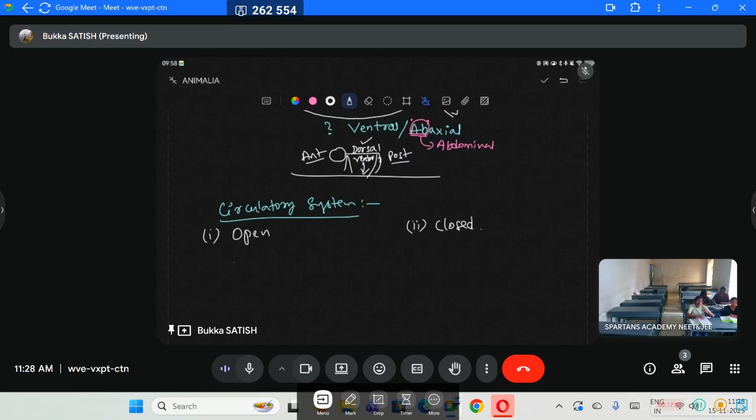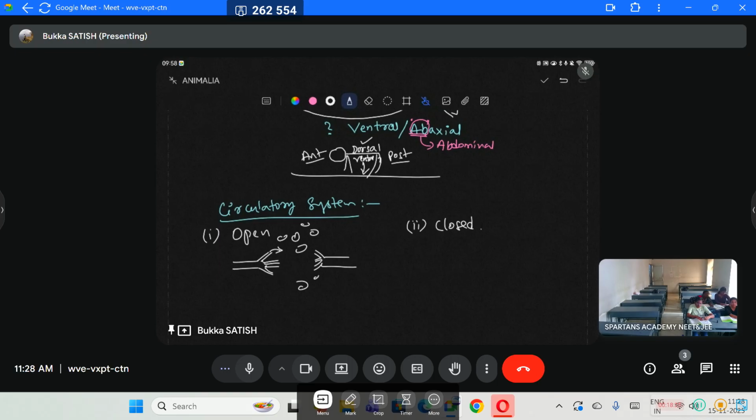Excellent. So here what happens is there will be blind vessels in the tissues. This is the tissue where these are all the cells. Here the vessels are blind, means open. So whatever body fluid is coming from these vessels will mix with the tissue fluid.